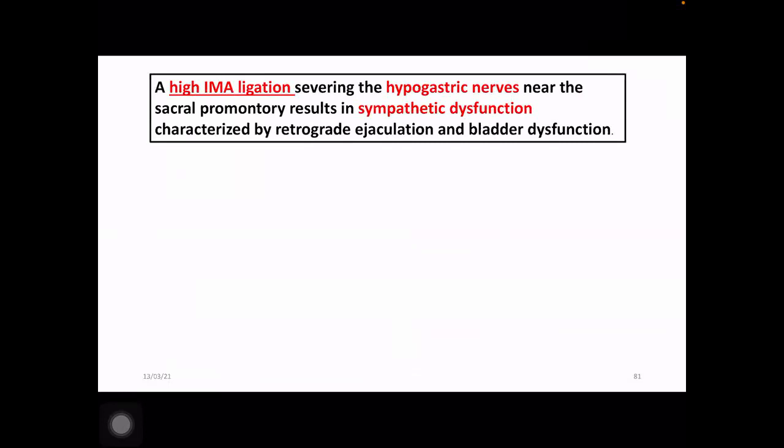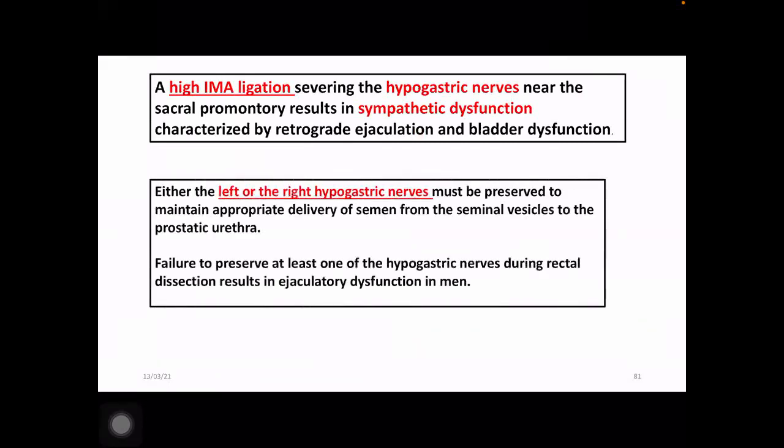So any defect in this sympathetic denervation will result in retrograde ejaculation and bladder dysfunction. Either the left or right hypogastric nerve must be preserved to maintain appropriate delivery of semen from the seminal vesicles to the prostatic urethra. If there is any damage to the sympathetic nervous system, it results in retrograde ejaculation.